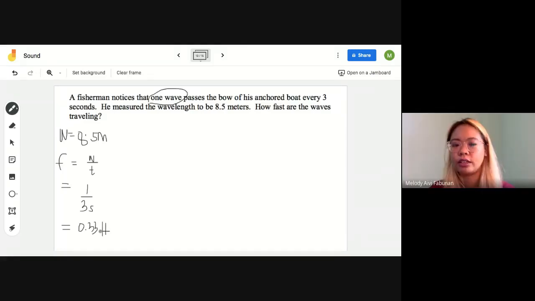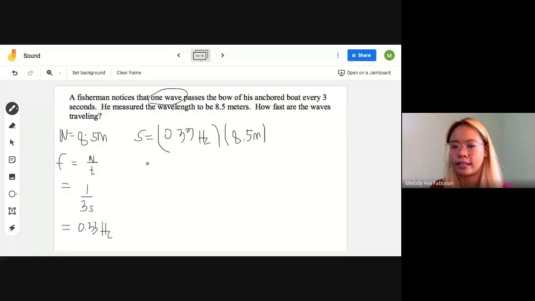Okay, so now that we have the wavelength and we have the frequency, now we can compute for the speed. So we are going to multiply 0.33 hertz to the given wavelength, which is 8.5 meters. So now, what is the speed?